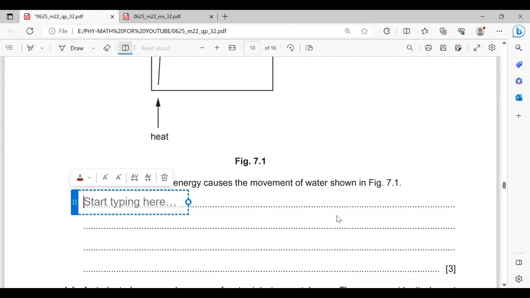Okay, thermal energy is transferred to heat the water.